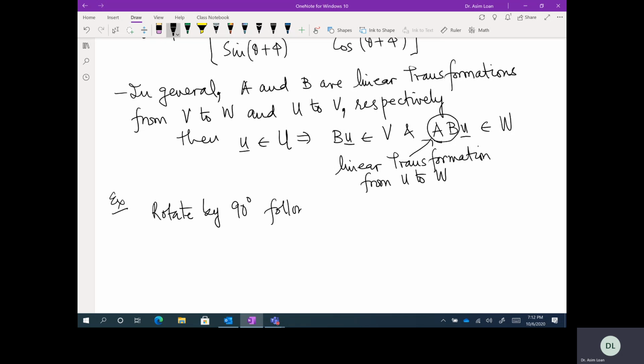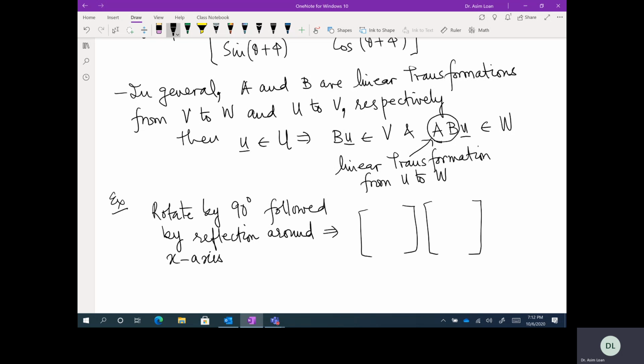And if you want to rotate by 90 degrees, followed by reflection around the x-axis, this implies we'll get, so rotate first means 0, minus 1, 1, 0.